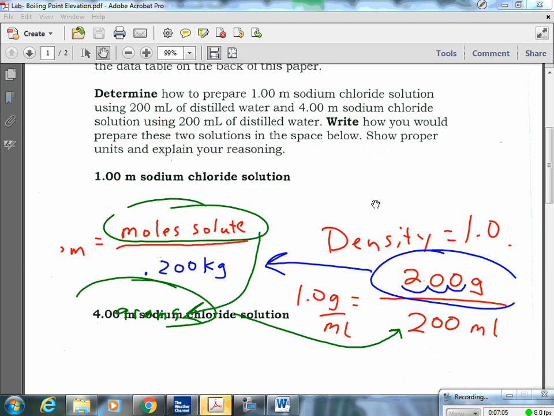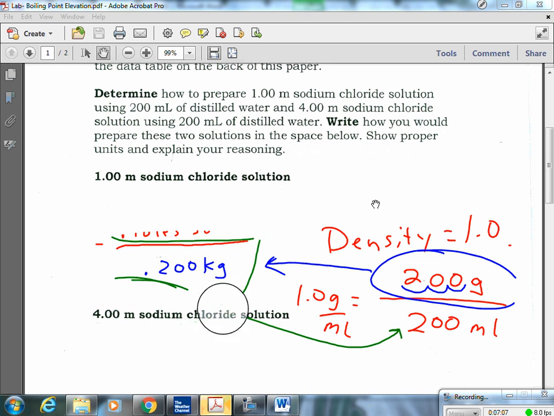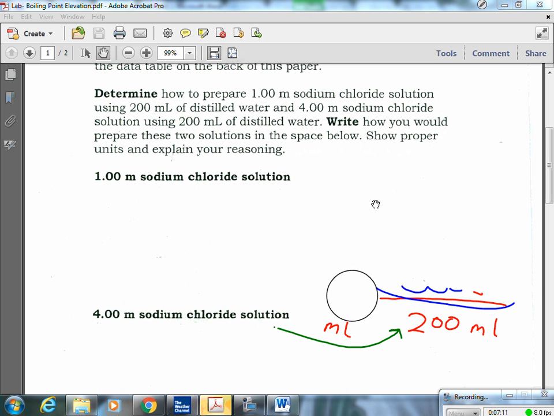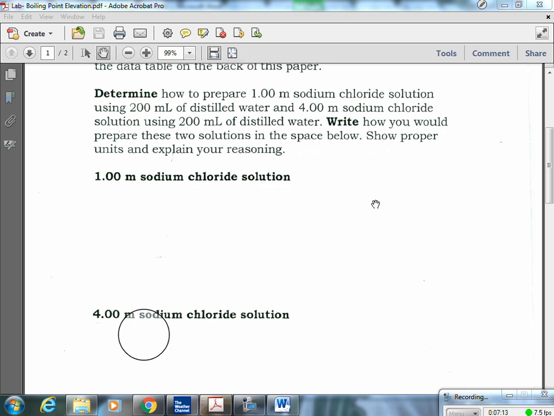You have to make 200 milliliters of this solution, but you do not need to put all 200 milliliters in your beaker to boil. So you're going to take a beaker, you're going to use our typical boiling apparatus where you have a wire gauze and you have double O-rings.